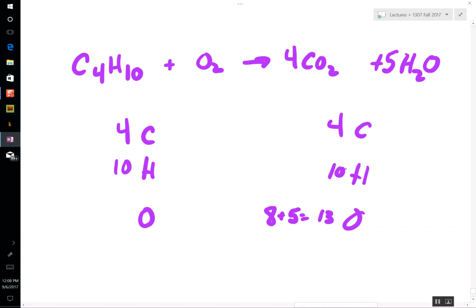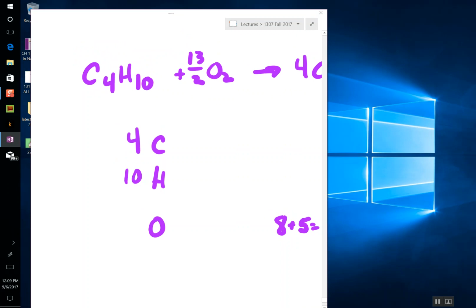But 13 oxygens ends up being 6 1/2, or 13 halves, however you want to look at it.